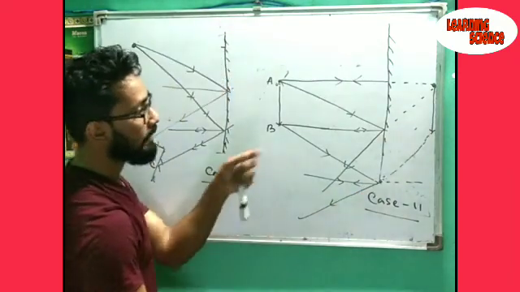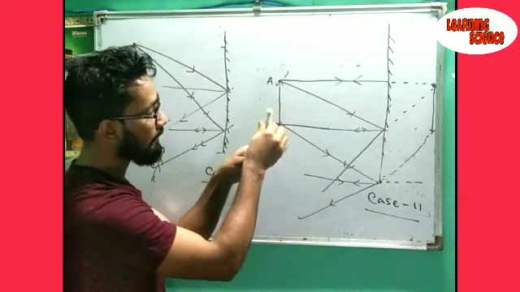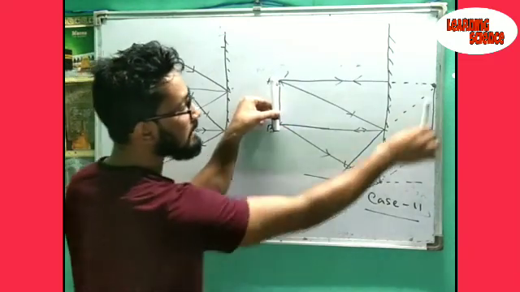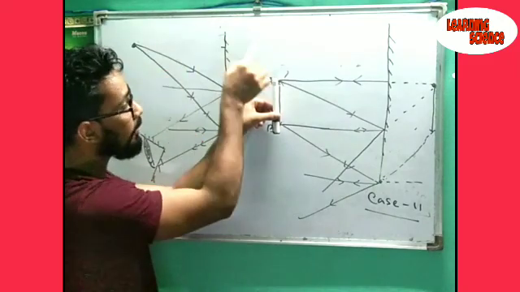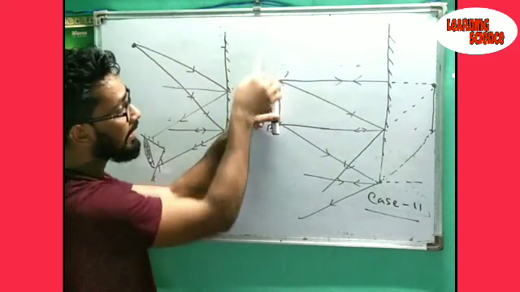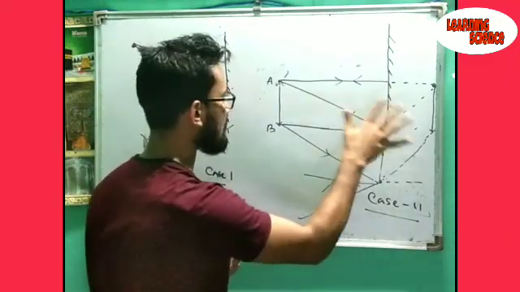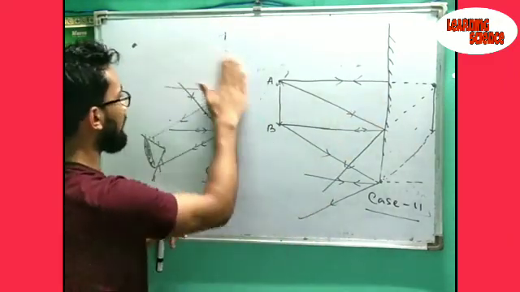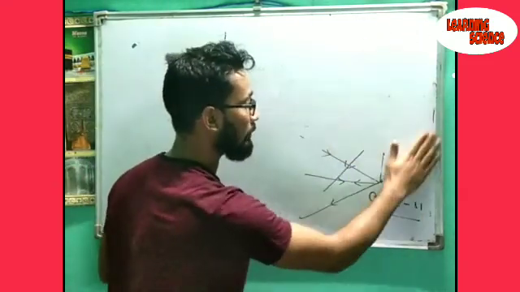But if I observe, I will see that for a finite object, whatever the size of the object, the size of the image will be the same. If the object is very small, the image will be very small. If the object is, for example, my height, the image will be the same. So from these two cases, we can derive some properties. This is very important from an exam point of view.